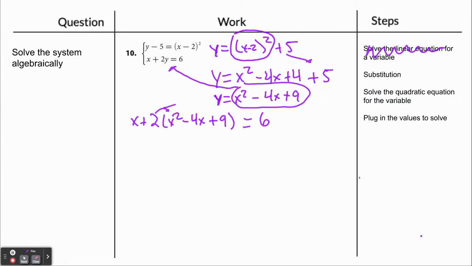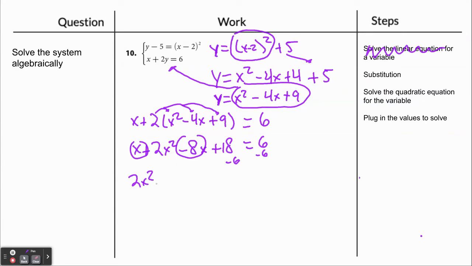Now I'm going to distribute, which gives me x plus 2x squared minus 8x plus 18 equals 6. Now I'm going to move this 6 over and also combine like terms with the x and negative 8x. So we get 2x squared minus 7x plus 12 equals 0.